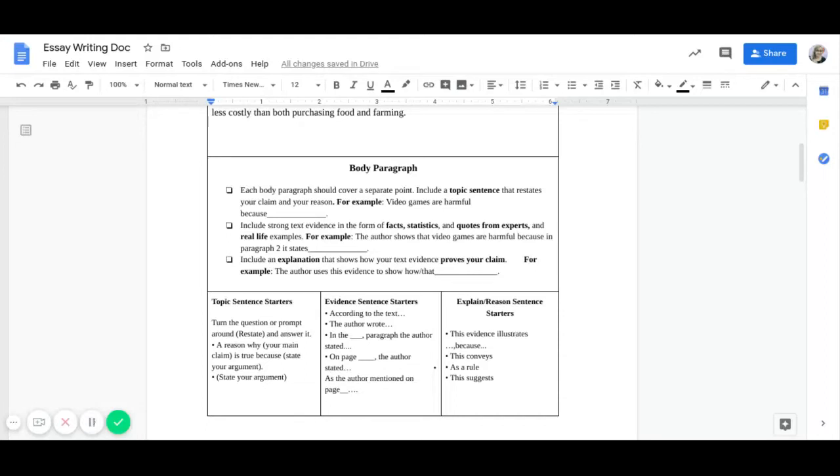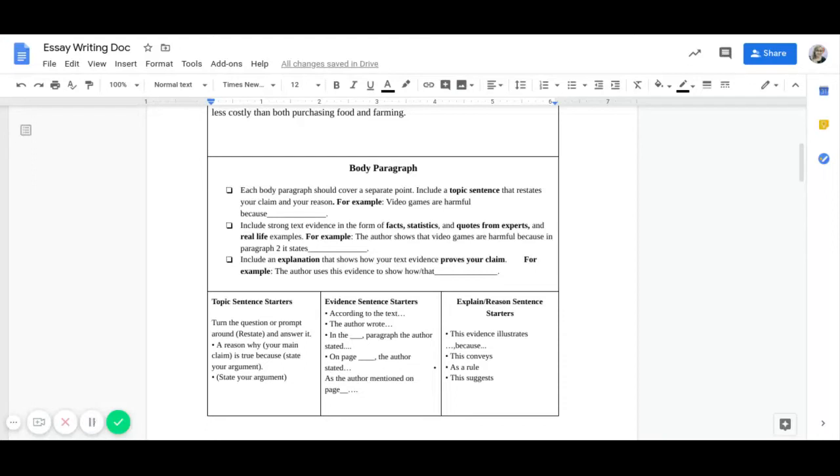Then I'm going to include strong evidence from my text or my articles in the form of facts or statistics or quotes from experts. So facts are facts. We know what those are. Statistics are facts with numbers in them. So a number fact. And the quotes from experts are things that people who know what they're talking about in that field have said about your idea.